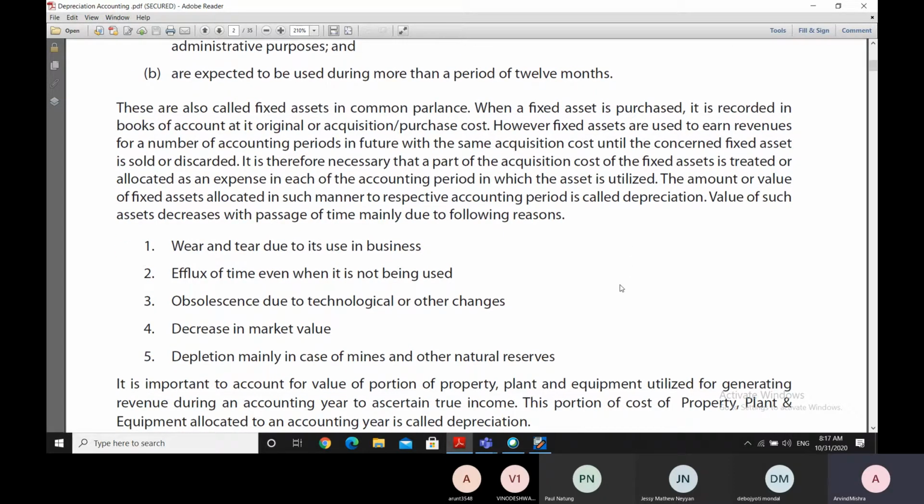And this reduction takes place due to the reason that, one, the plant or equipment or property is suffering from wear and tear due to its being used in the business. Of course, if it is not being used in the business, even by the passing of time, the value may reduce because it is becoming older and older.